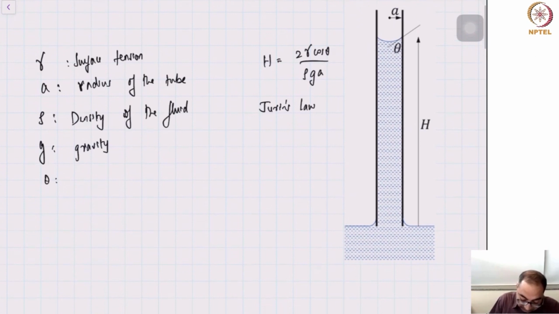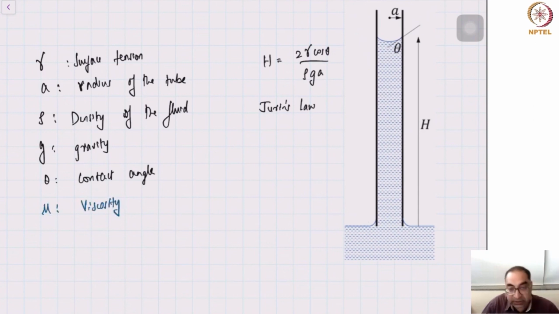And theta is the contact angle. Now, because we will be dealing with dynamics, an additional parameter which will come in is the resistance offered by the fluid to flow, that is viscosity. This is a new dynamic parameter that we will introduce into the analysis.